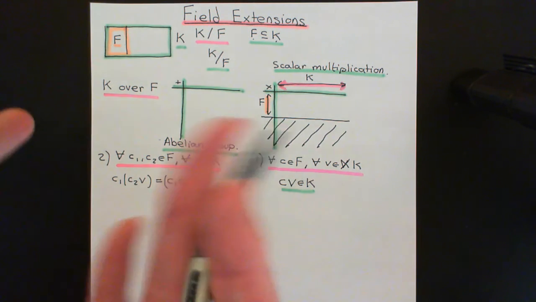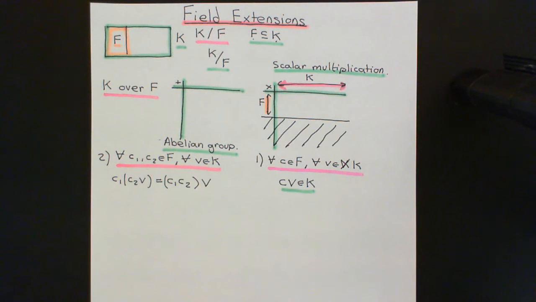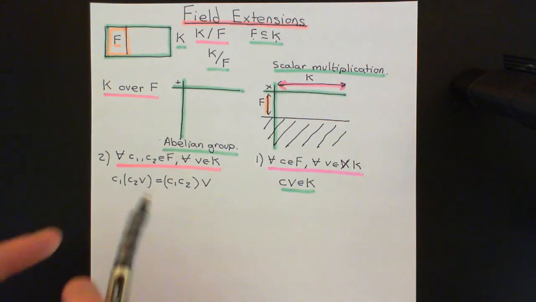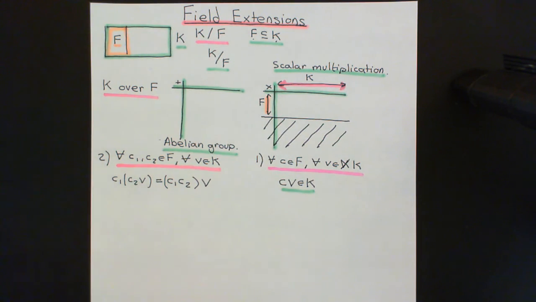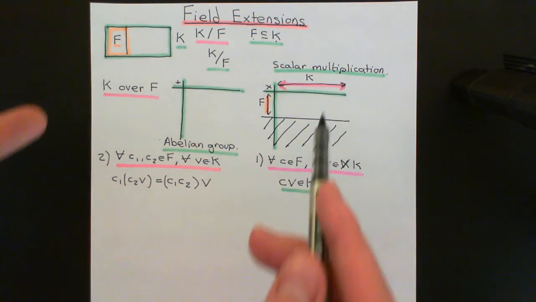Okay, and in this case, because F is a subset of our vector space K, okay, yes, this is incredibly trivial, but more generally, the field will have its own separate operations which might have nothing to do with the addition and scalar multiplication that are on the vector space. Okay, of course these axioms will link the two, but it won't generally be as connected as it is in this case.